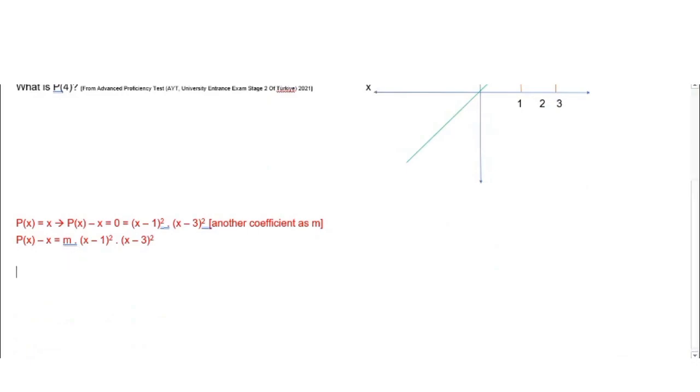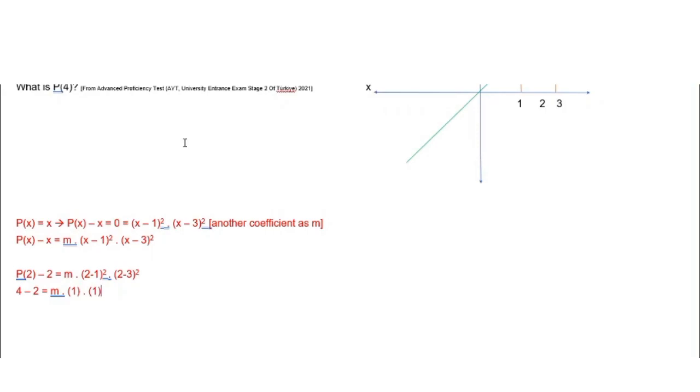If you write P(2) minus 2 equals m times (2 minus 1) squared times (2 minus 3) squared, then 4 minus 2 is m times 1 times 1.